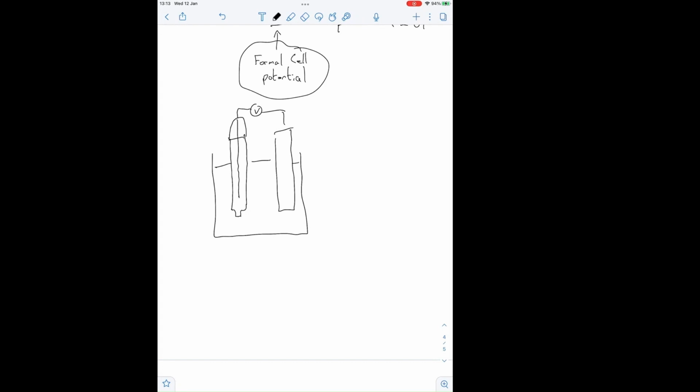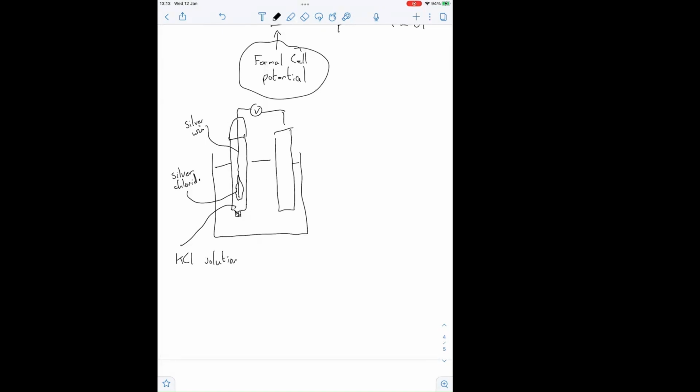So there's your working electrode. This is your silver wire, and this is silver chloride on the surface. And here we have some potassium chloride solution.